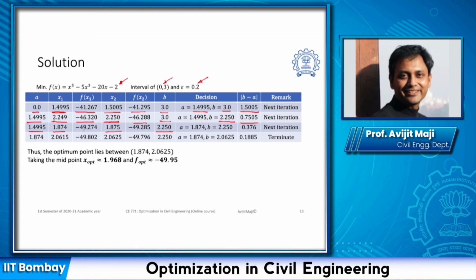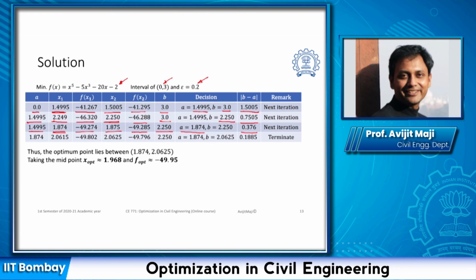Looking into the function values, we can clearly say that the optimum solution is not going to be on the left side of 1.874. So we are moving the lower boundary to 1.874. The width of the revised boundary is still higher than the precision we want to achieve.